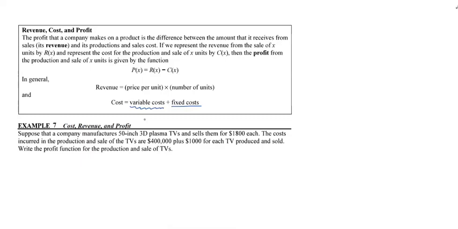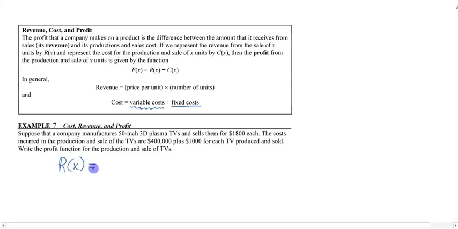Write the profit function for the production and sale of TVs. Well, we're going to have to build up to that. First off, let's get a revenue function. So how much money are you pulling in from selling these, if you produce and sell X number of TVs.